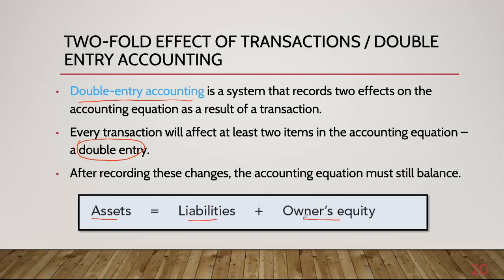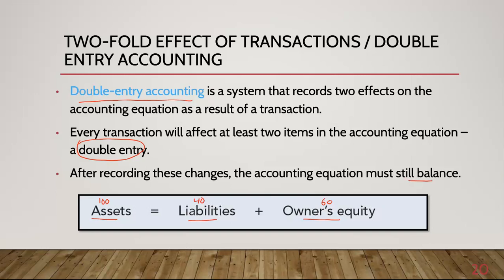So if I have $100 in my wallet, $100 of assets, but I owe my friend $40, then I'm only worth $60, and this logically means my accounting equation balances. So what we need to know is when we record a transaction, we need to do at least 2 changes to our equation and it must balance.